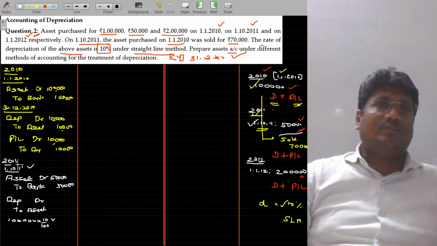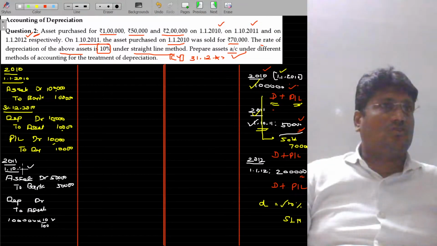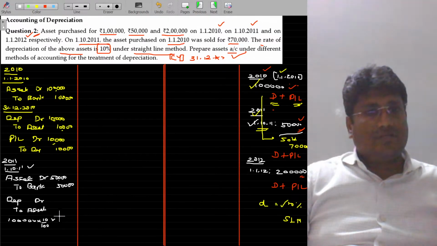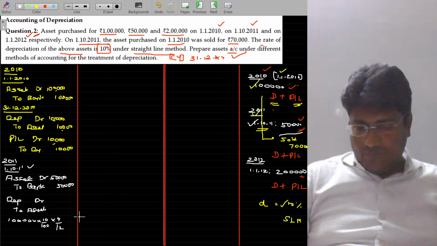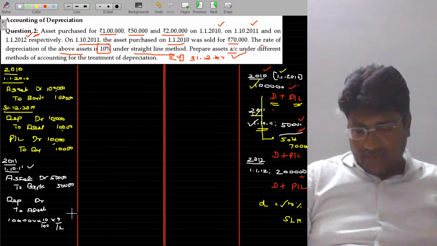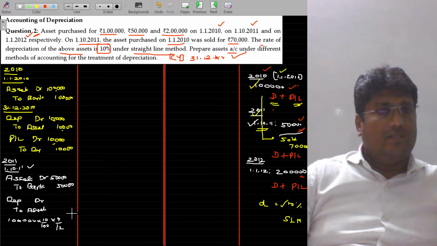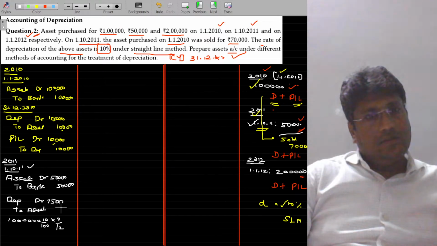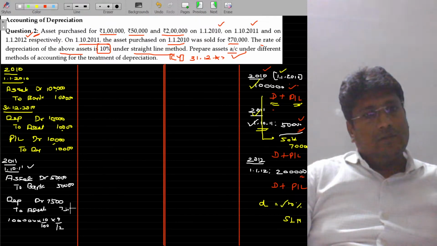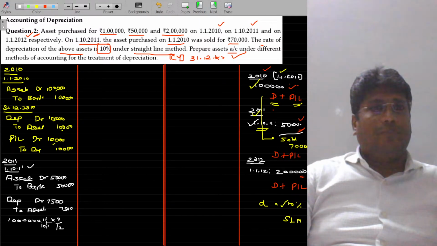So we have 9 months. So it's eligible for 9 months depreciation, so into 9/12. If I apply that, the depreciation as on the date of sale being 7,500. Am I right? This will be 7,500. Clear? So we have now passed the entry for the depreciation.